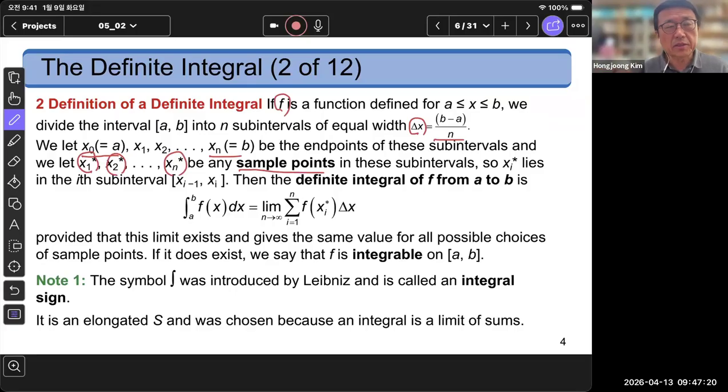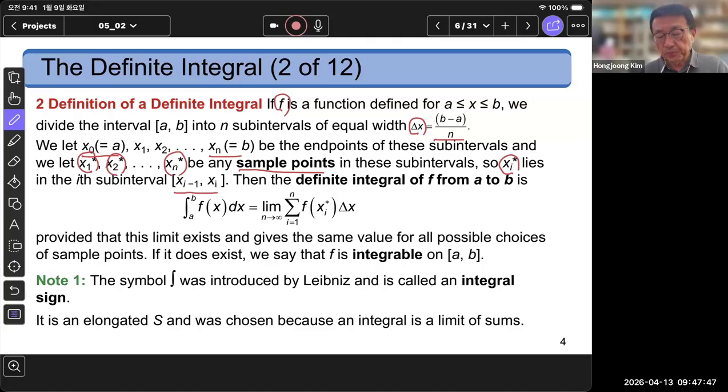So x1 star is an arbitrary point between x naught and x1, and x2 star is an arbitrary point between x1 and x2, and so on. So xi star is an arbitrary point between xi minus 1 and xi. This xi star may be xi minus 1, it may be xi, or it may be the center of the interval.